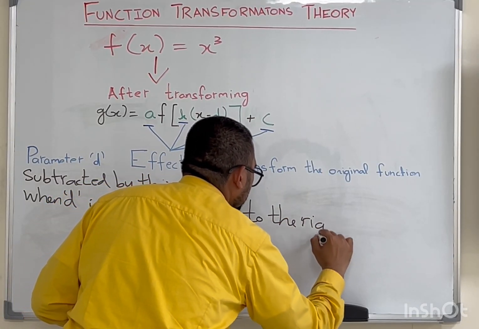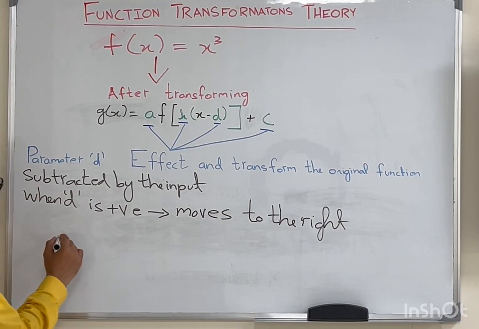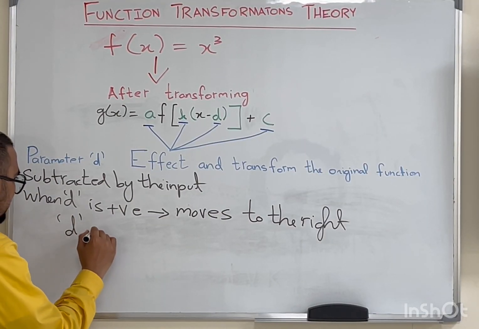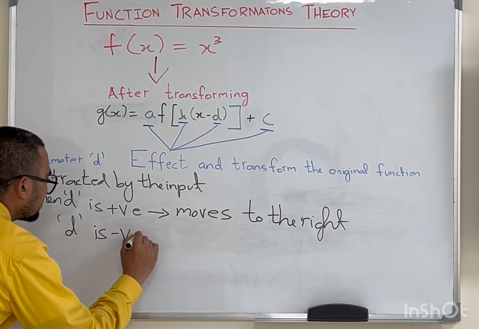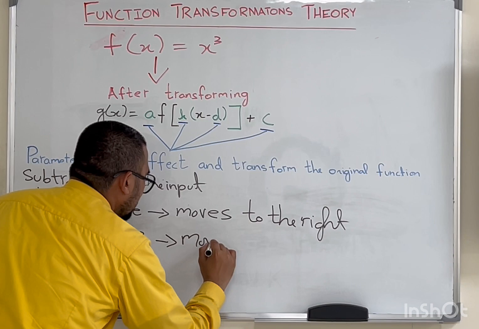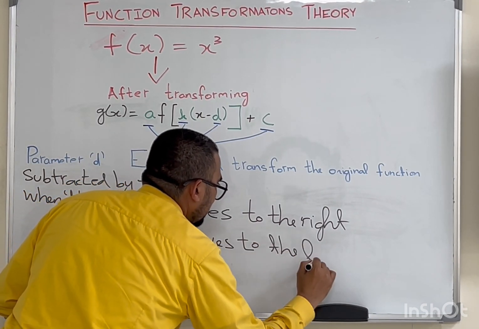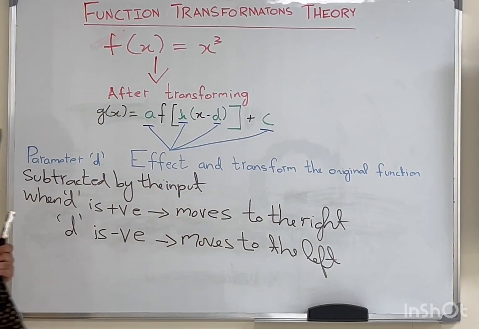Okay, that's one. Now when D is negative, okay, the graph moves to the left. Okay, so far so good, guys.